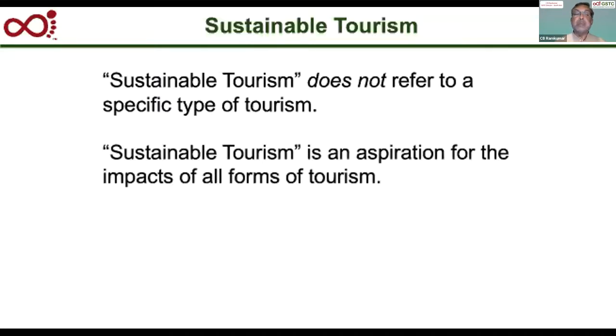Sustainable tourism is an aspiration for the impacts of all forms of tourism. So be it tourism which involves wildlife or nature or historical places or religious tourism, the discussion is that all kinds of tourism should be sustainable. So it's not a single type of tourism that we are trying to target.